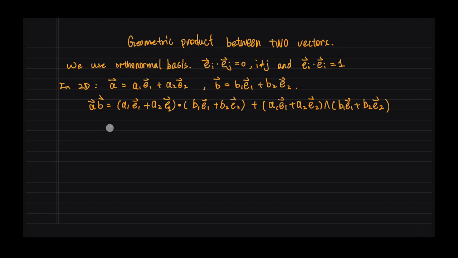As we know before, the dot product of E1 and E2 is 0, and E1 with E1 is 1. Then we get this part: A1 B1 plus A2 B2.